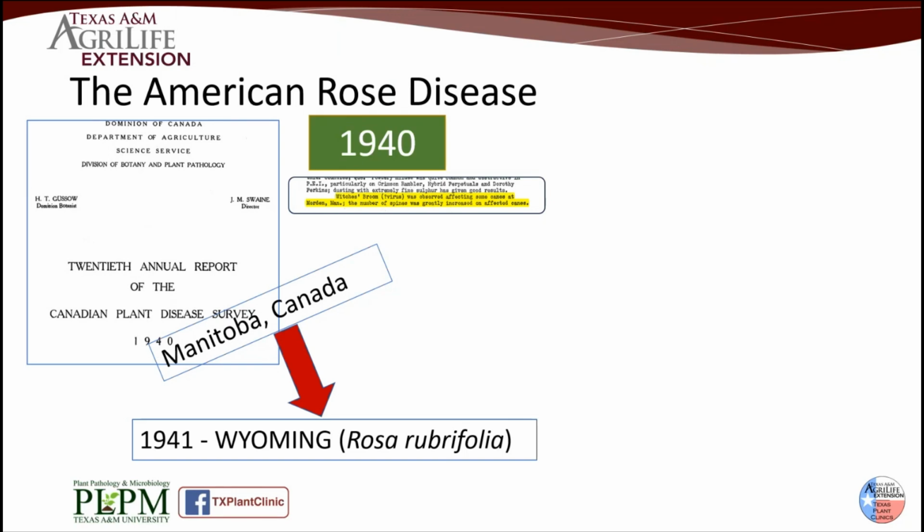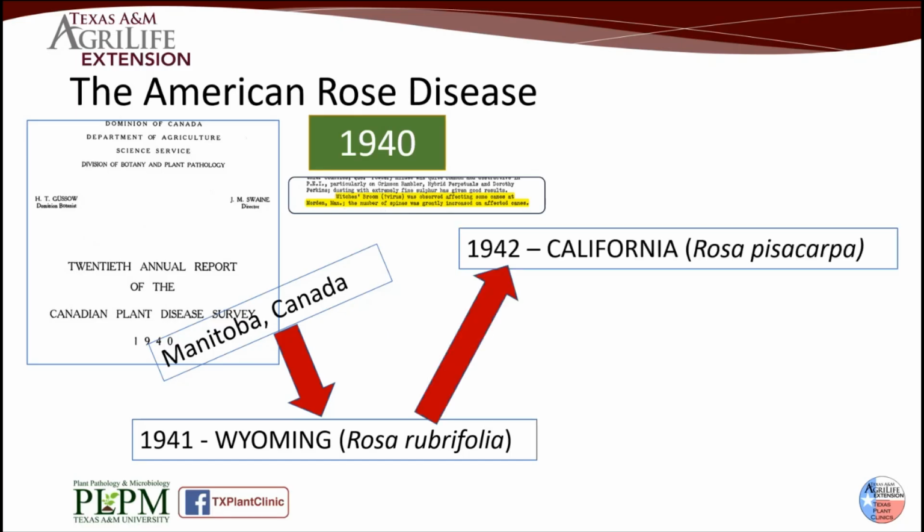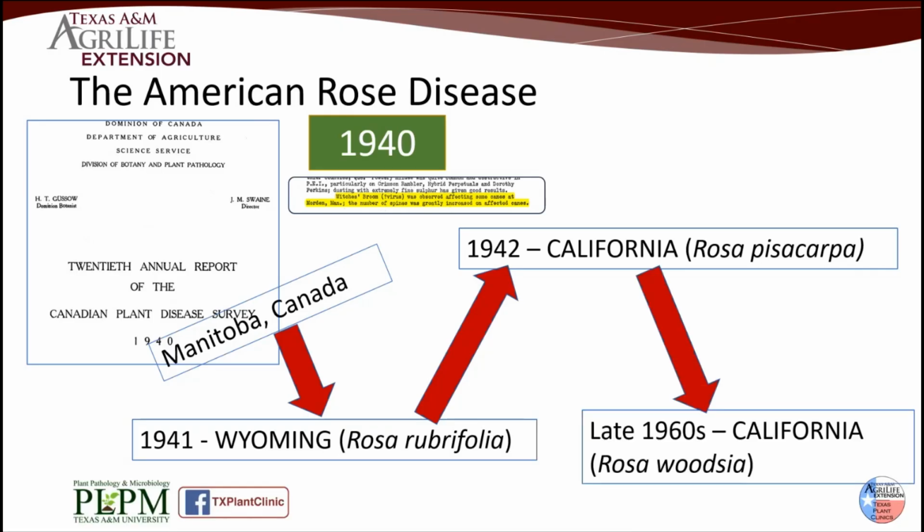Moving forward, a lot of these reports actually came out in the 50s, in papers that were written in the 50s. Then there was an attribution that in 1941 it was found in Wyoming, and in '42 in California. All this stuff managed to find the species as well, so not your typical cultivated roses.